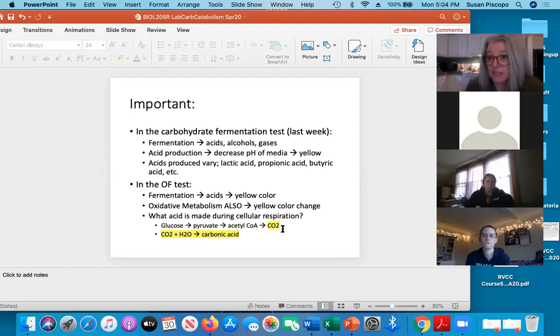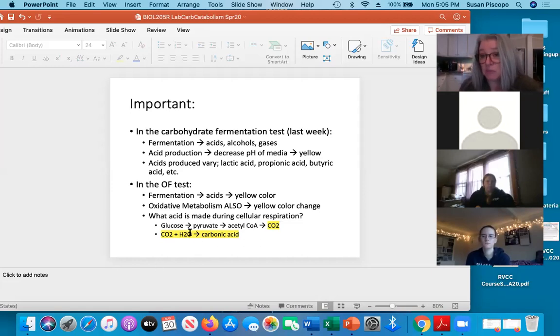Now, carbon dioxide is not by itself an acid. Carbon dioxide does, however, react with water and become an acid. In fact, most of the acid inside the human body is the result of carbon dioxide becoming carbonic acid, or carbonate is the other word that we talk about.